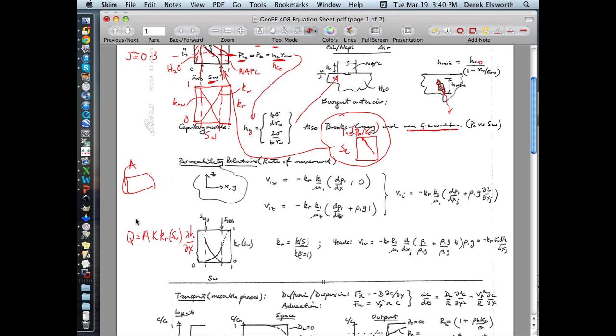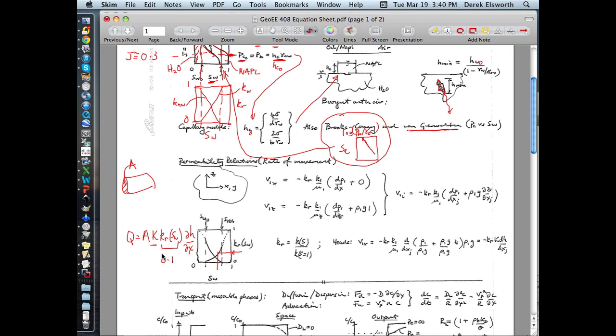And so this is the cross-sectional area of the core. This is the hydraulic conductivity. This is head and length. And this is just a value between 0 and 1, which represents what particular saturation you find yourself at.